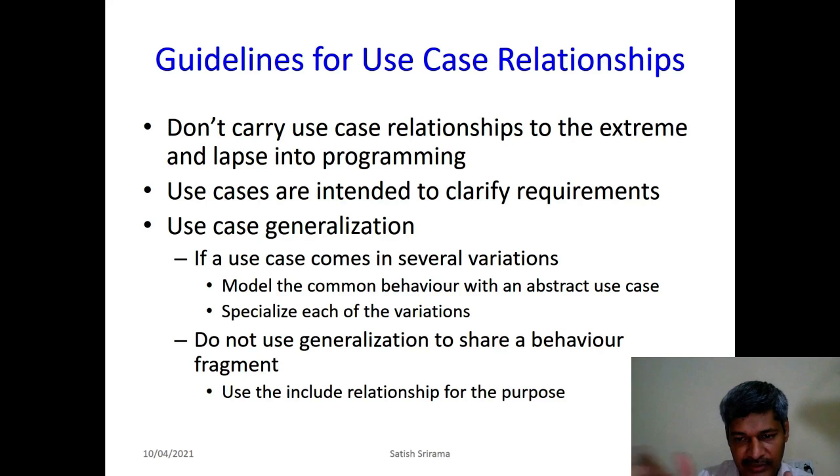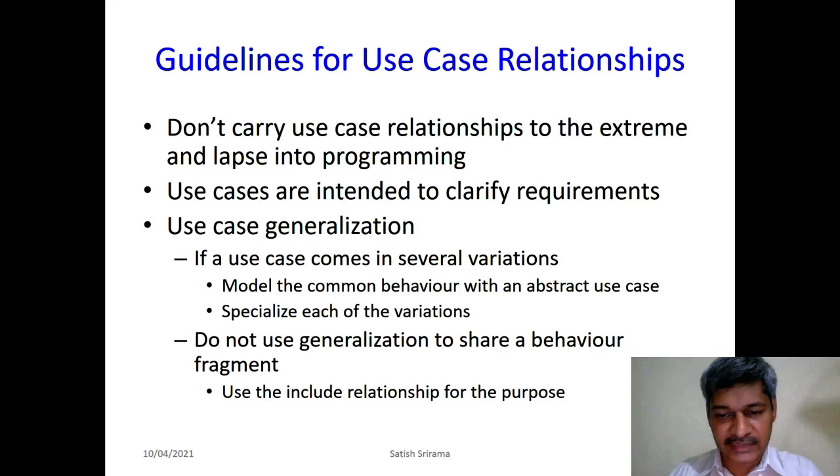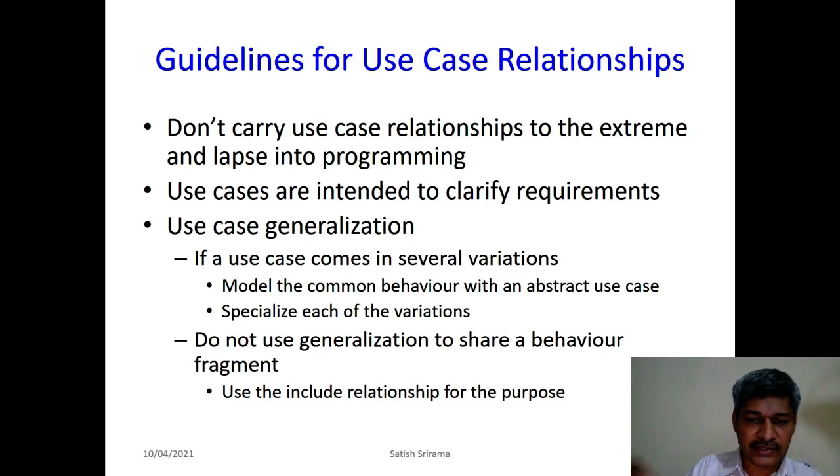We have already seen abstract classes, which you cannot instantiate. In the same way, if a use case is abstract, you cannot use it for a specific purpose. But its children, related with this generalization relation, are specializations of it, and specialize each of these variations. You can actually use one of the child use cases in the system. That's the basic idea.